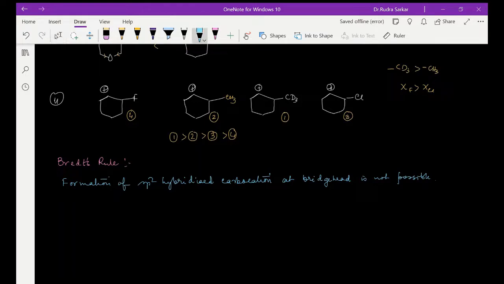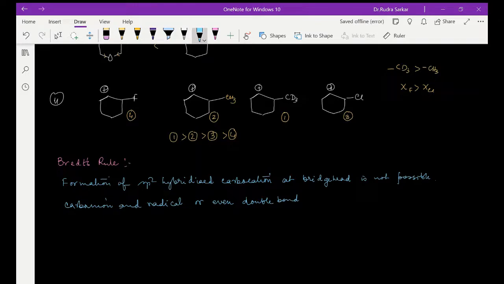Not only is it applicable for a carbocation but also for carbanion and radicals, or even a double bond.